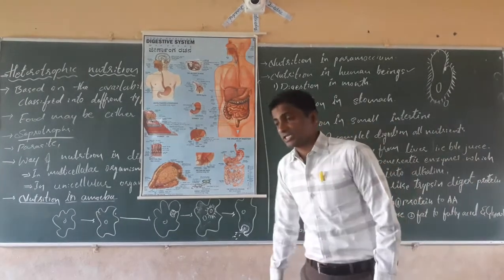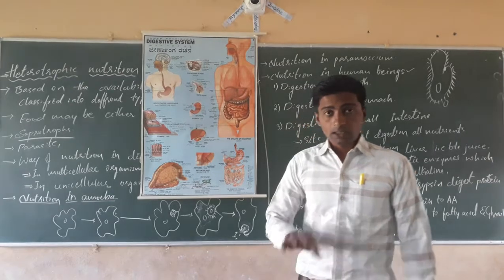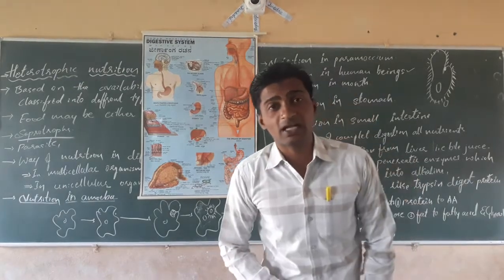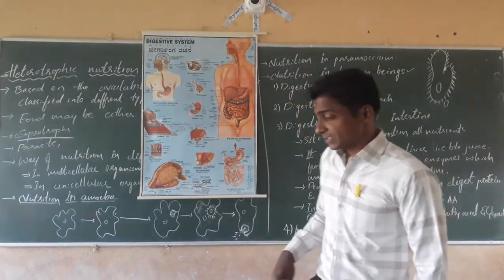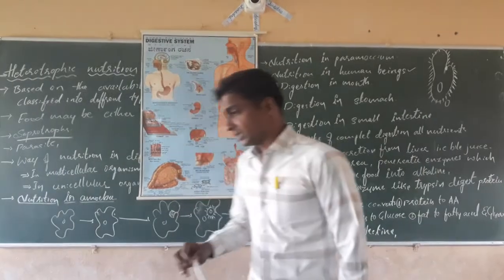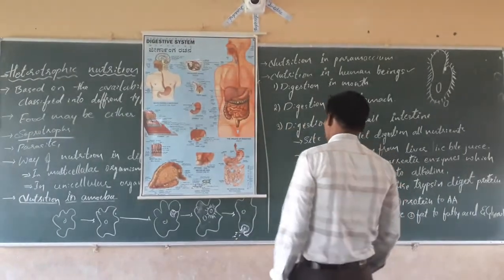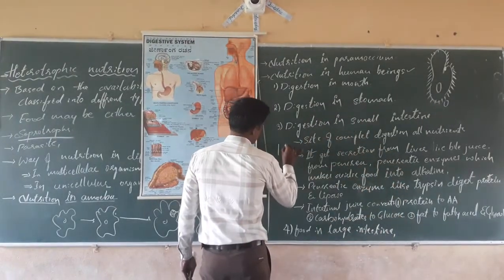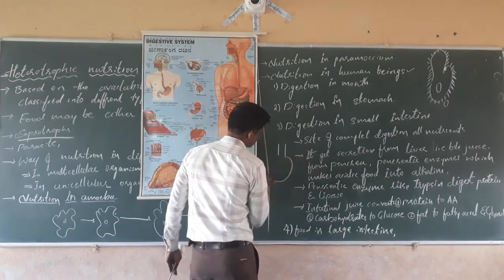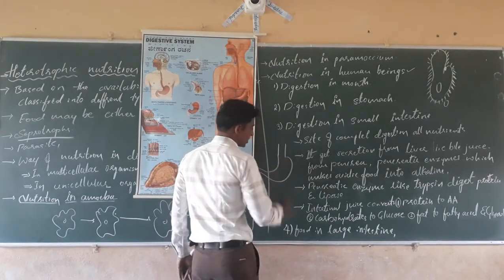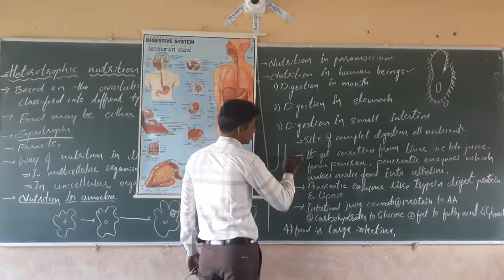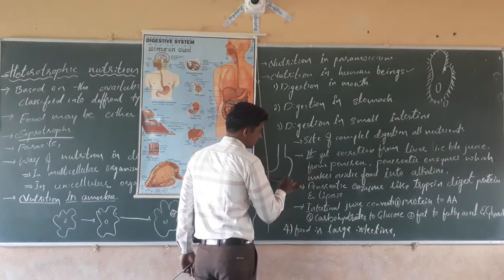Dear students, in the stomach, three kinds of secretions will occur. Before studying these secretions, the stomach is a J-shaped structure. The outer wall of the stomach is smooth.